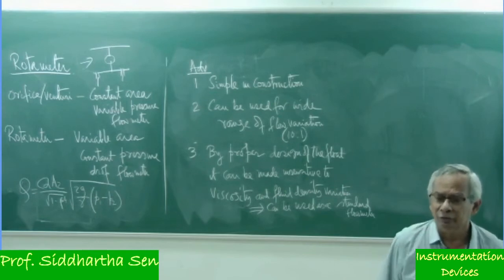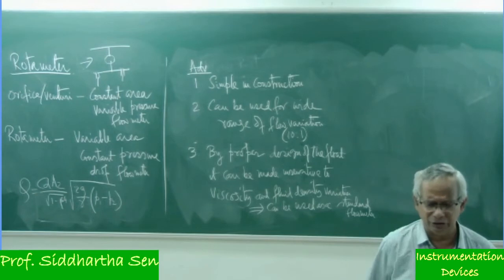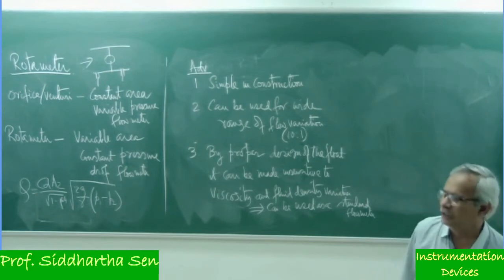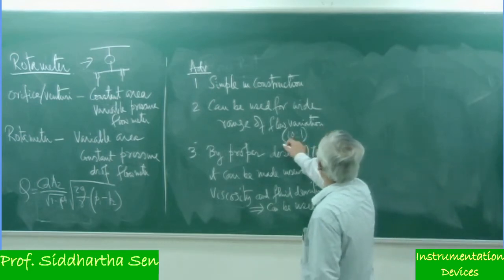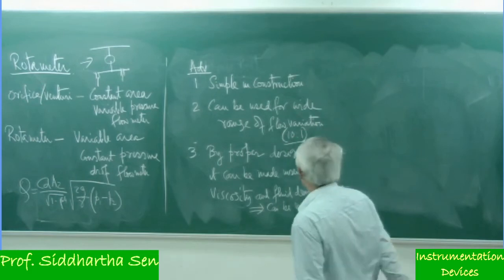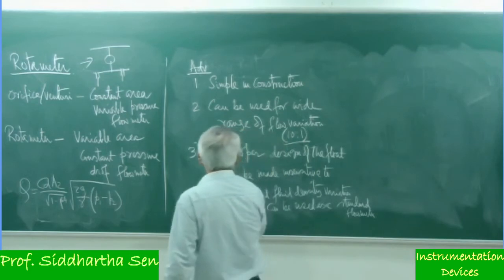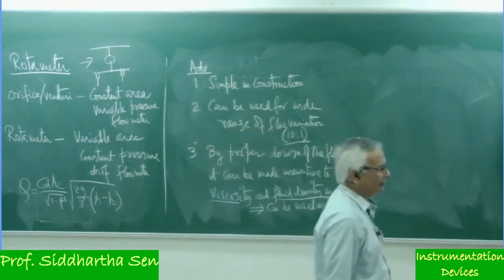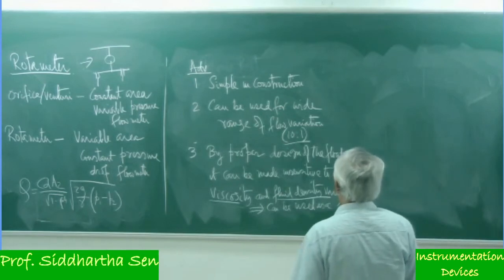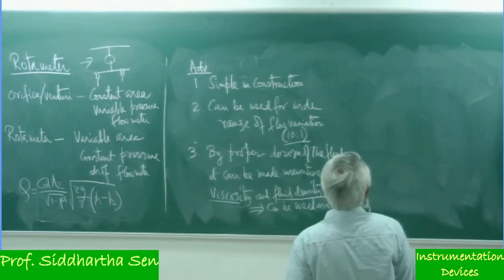But if the flow rate is less, if it is viscous or nearly viscous, in between turbulent and laminar flow, then it may also give error. But in this case, since it can go even for very low variations, I will see how the viscosity and the fluid density variation dependence can be made significantly less.